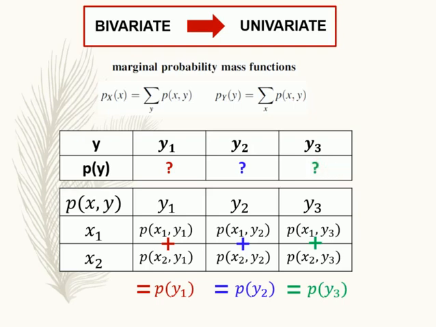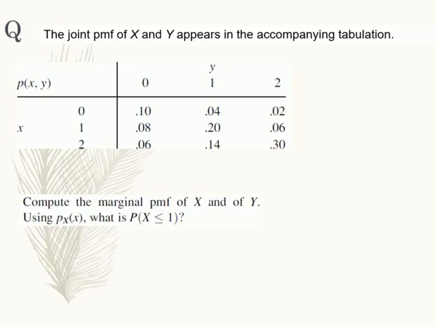So let's look at an example. The marginal PMF becomes a question that's exactly like what you would have done in chapter 3. In this example, we've been asked to find the marginal distribution of x and y. I'm just going to start off with x and we'll look at y shortly.